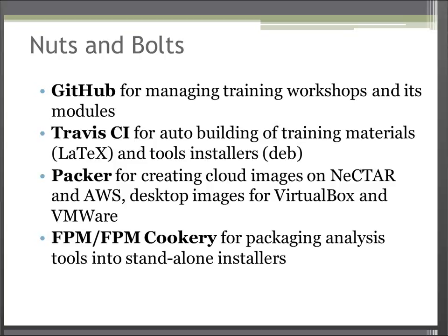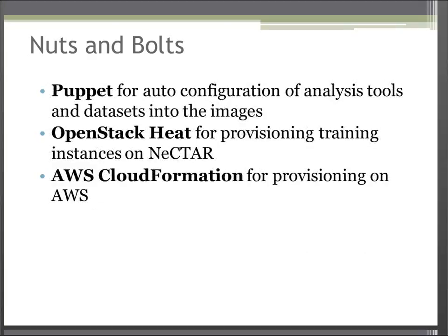For example, we need to compile a certain tool with certain flags to make it optimized for the datasets that are going to be covered during the hands-on sessions. So this tool makes it easier for us to distribute those packages as a standard installer that can be installed pretty quickly on a Linux environment.